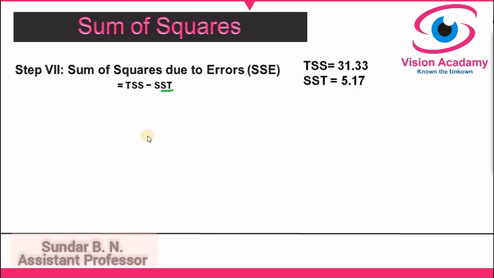When we subtract SST from TSS, we get our SSE value. So 31.33 minus 5.17, 26.16 is the sum of square due to errors.